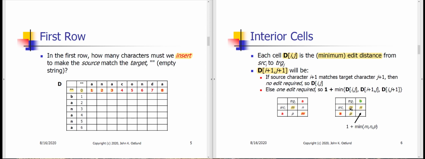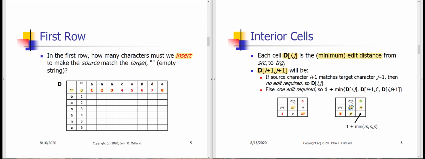Just to try some numbers, let's suppose the edit distance to get up to that point in the upper left corner of this partial piece of D takes one operation.